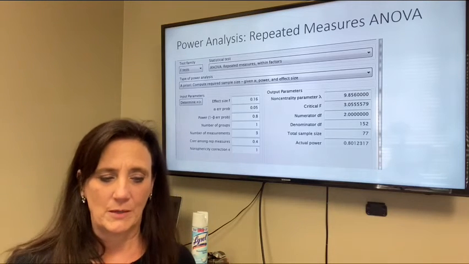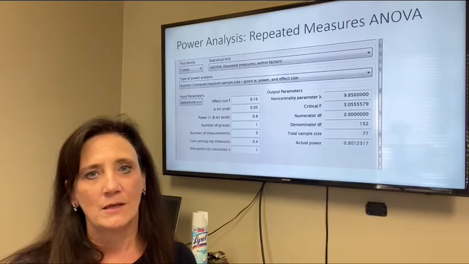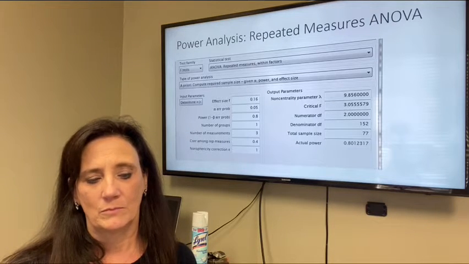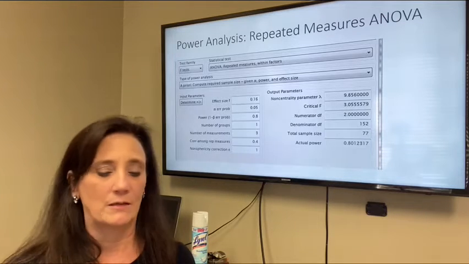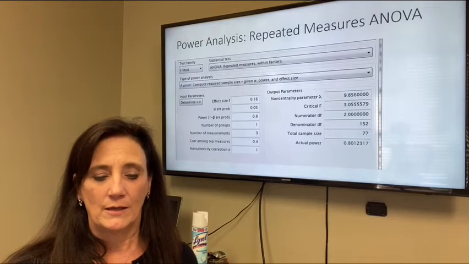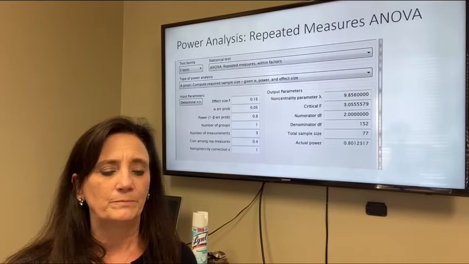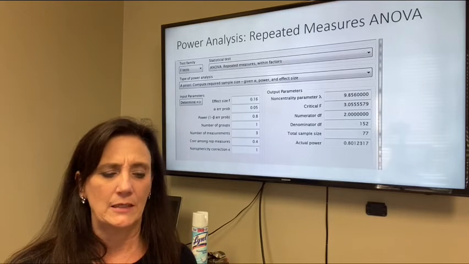Again, this repeated measures was computed a priori, telling you that the power was computed before the study was conducted, so that you would know how many people you needed to have in your sample. Notice again that your effect size is 0.16.